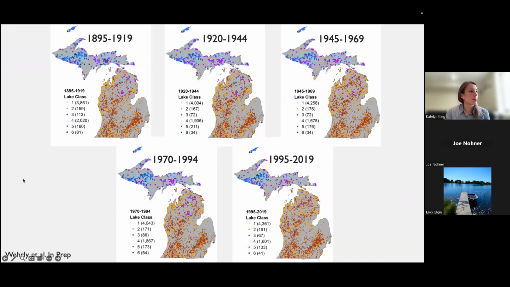But what's changing the most is in the upper lower here. I think you're getting some of those cool water species, then they're kind of disappearing. They might come back. And then especially in the last 20 years, they're disappearing again. And you're getting more orange or warm water assemblages in the UP in the most recent years compared to the very earliest time period.